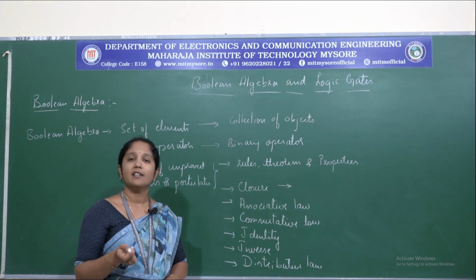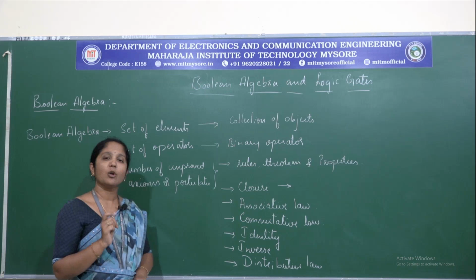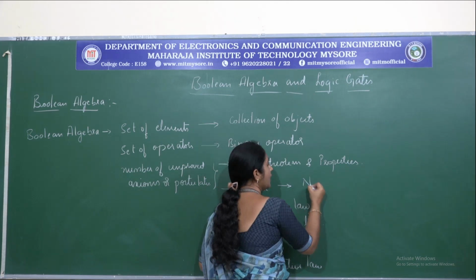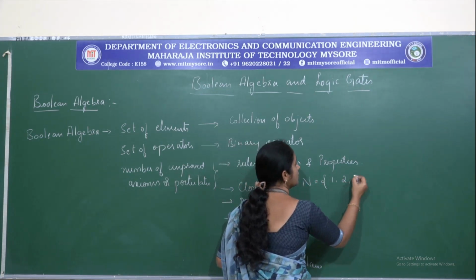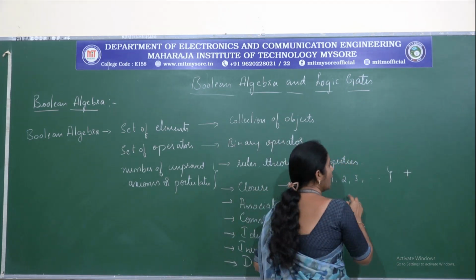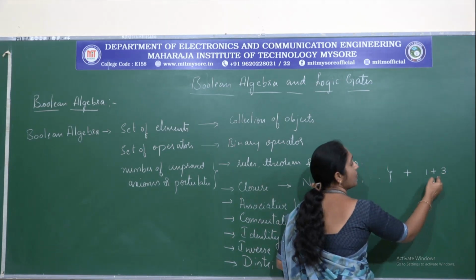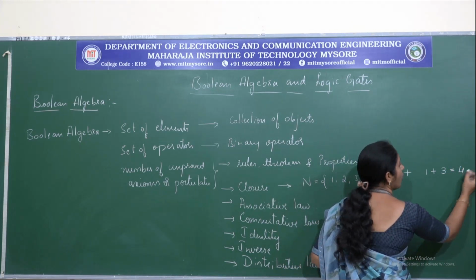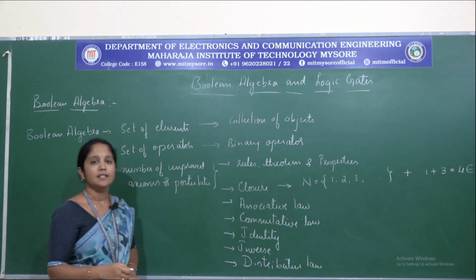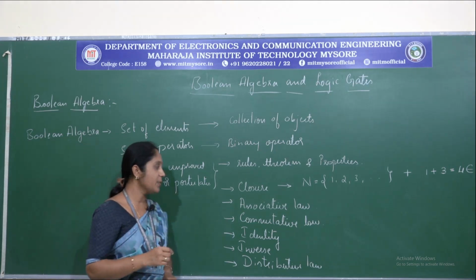For example, if I consider the set of natural numbers N, the operator plus is closed, because 1 plus 3 gives a result that also belongs to N. So that is closure.